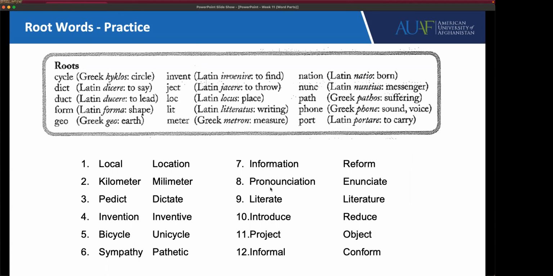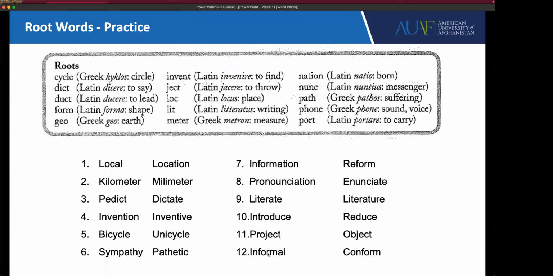Pronunciation. Well, N-U-N-C. Phone? It must be this one, phone, right? But no. This one here, messenger. Yeah, that's a hard one, huh? Messenger, N-U-N-C. Enunciate means to speak more clearly. And pronunciation is, you know what pronunciation is.